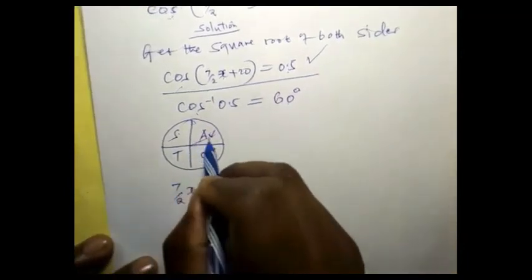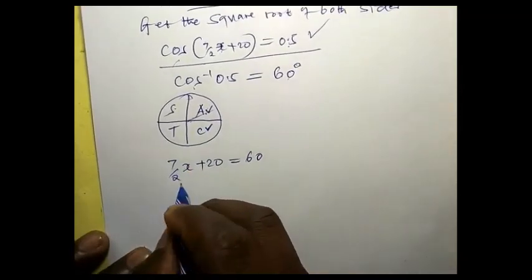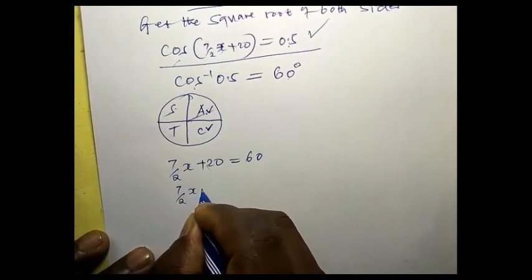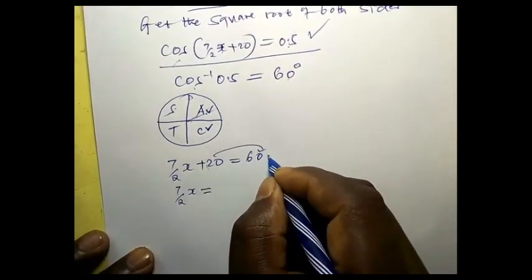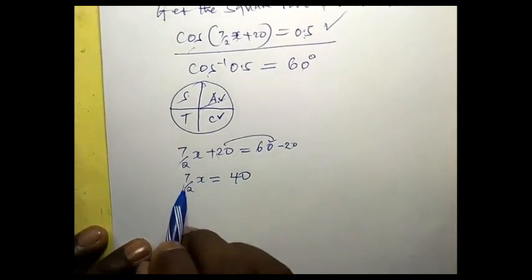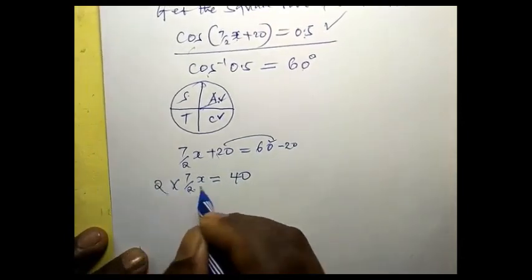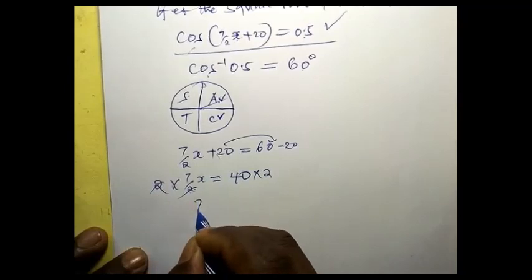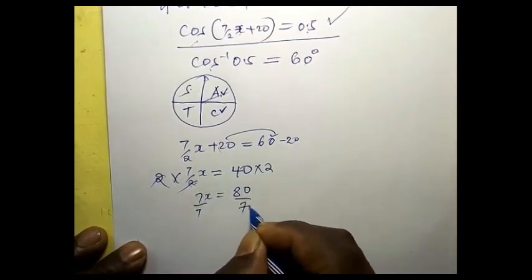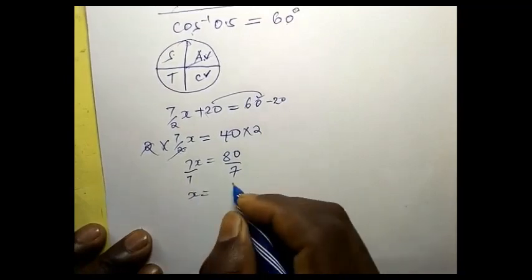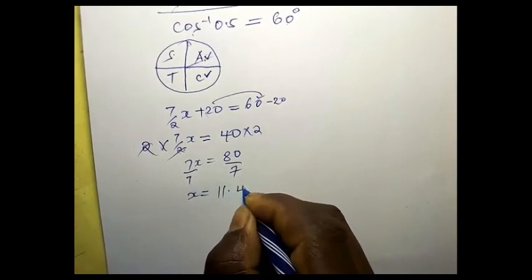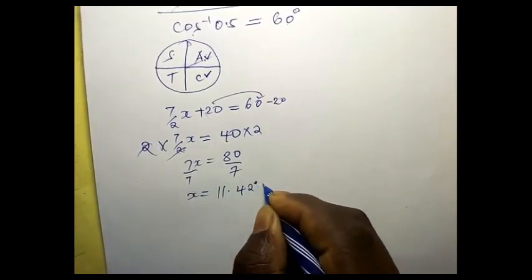Putting like terms together, 7/2 x equals 40 after subtracting 20. To remove the denominator, multiply both sides by 2, so 7x equals 80. Divide both sides by 7, so x equals 11.42 degrees. That's our first angle.